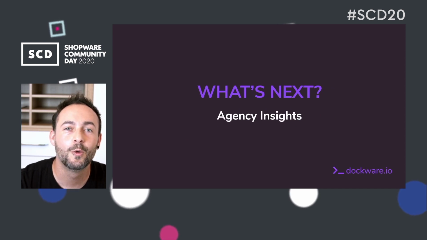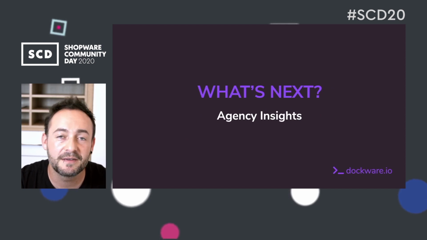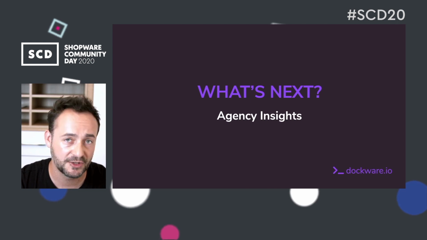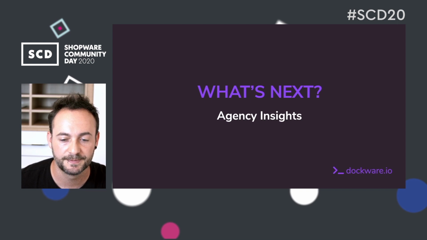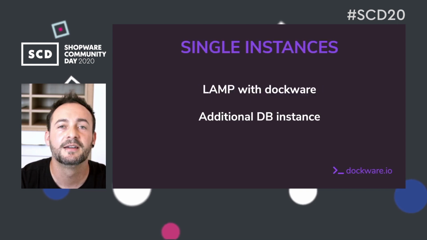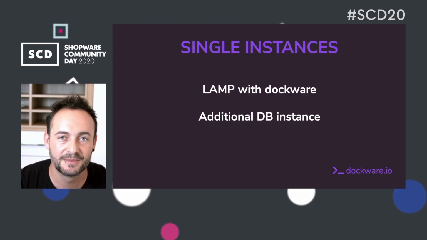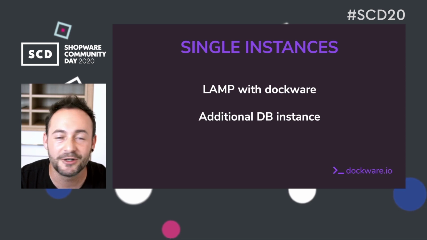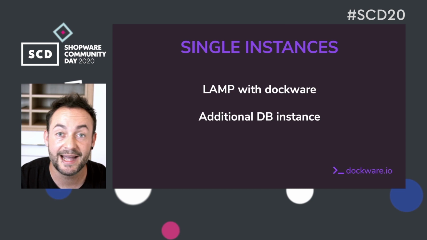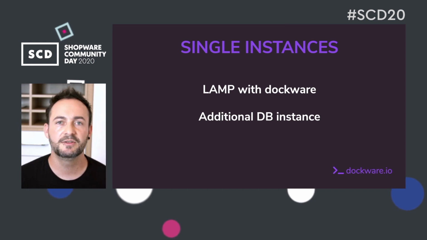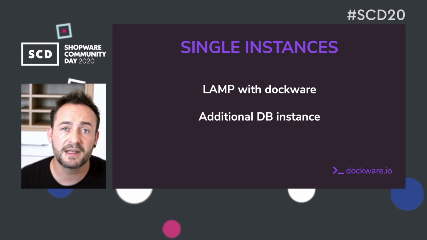So what is next? I want to give you some insights in how we use Docker for our agency workflows. So, single instance shops. That one's pretty easy. All you need is a LAMP stack server. So that is Dockware. So you can just use Dockware and you're happy.